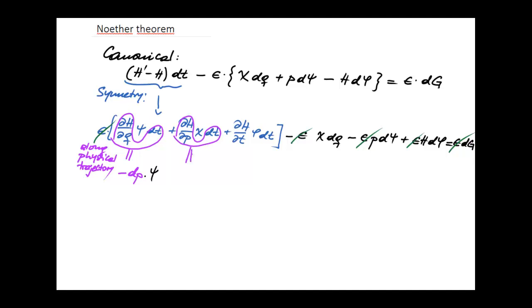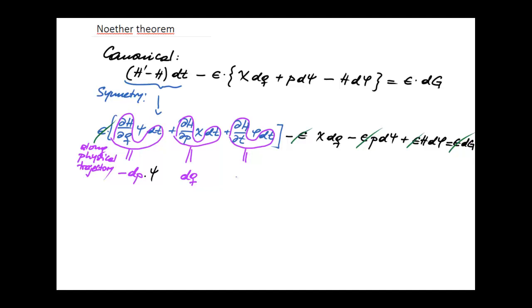Now the partial derivative of the Hamilton function with respect to momentum is q dot, times dt gives dq. So we have dq. The partial derivative of the Hamilton function with respect to time equals the total derivative of the Hamilton function with respect to time, times dt gives dh.